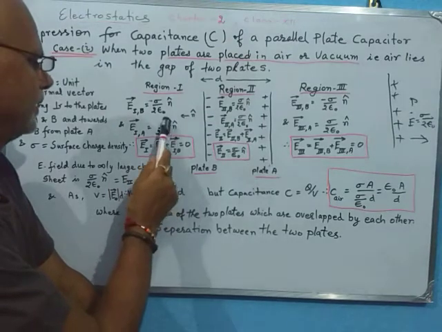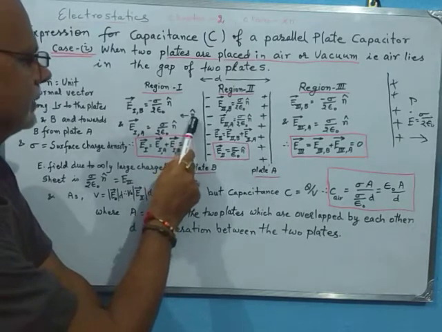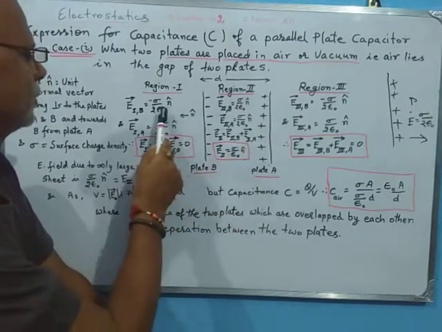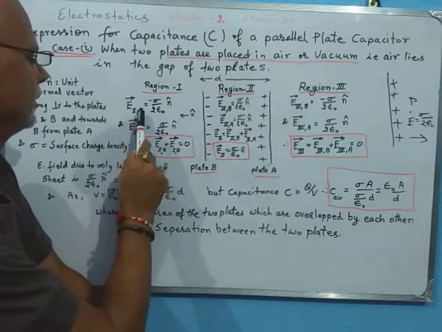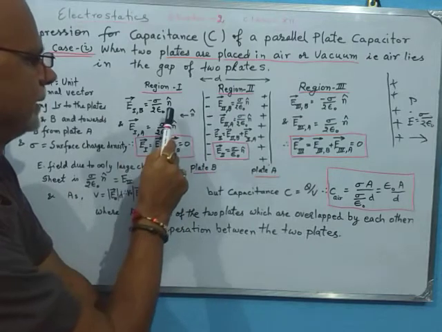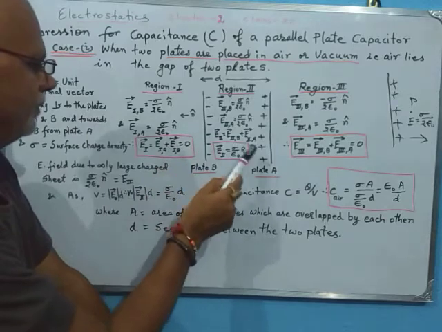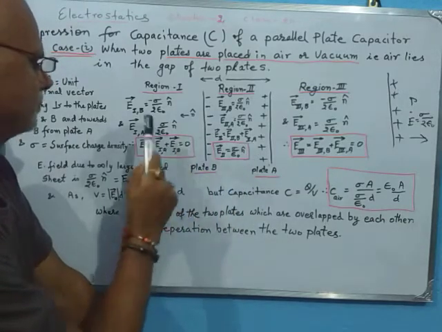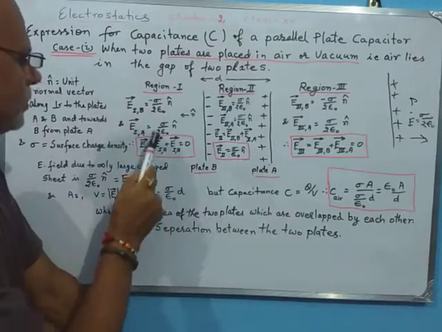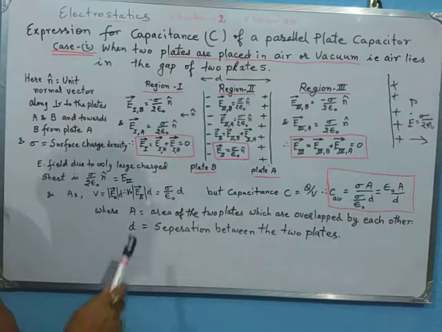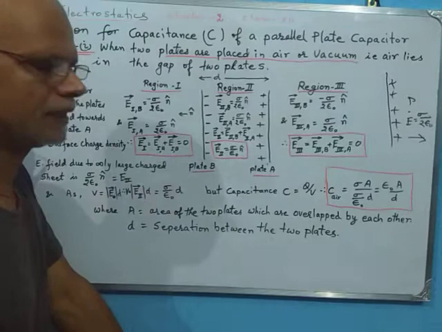What we have taken n is the direction from A to B. So here we have negative sign, means the direction of E1B is towards the plate from B, and E1A is away from plate A and towards B. So if we add these two, one is negative and another is positive, the total electric field in region 1 due to these two charged plates A and B becomes 0.